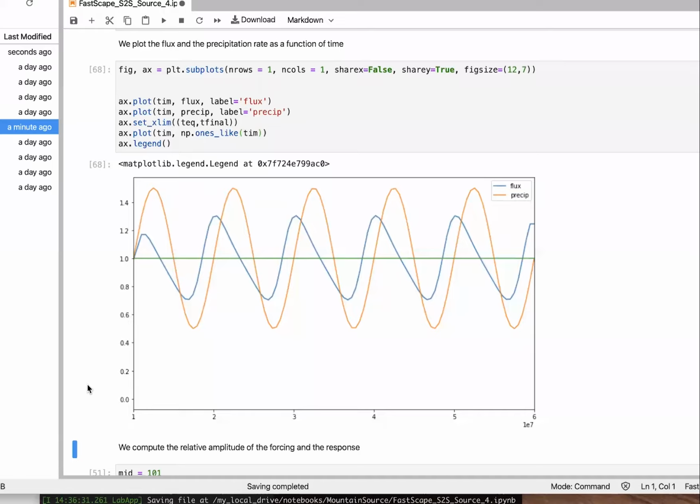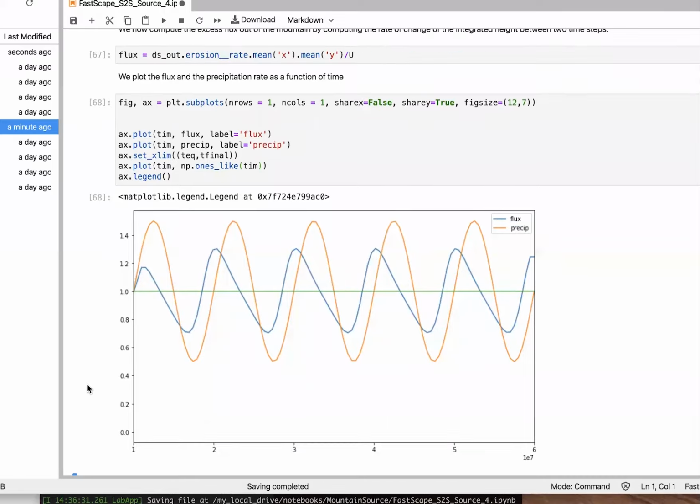So it looks like things go fast and slow. The flux coming out of the basin is increasing very rapidly when I increase precipitation, and slowly when I decrease precipitation. And there's an offset.